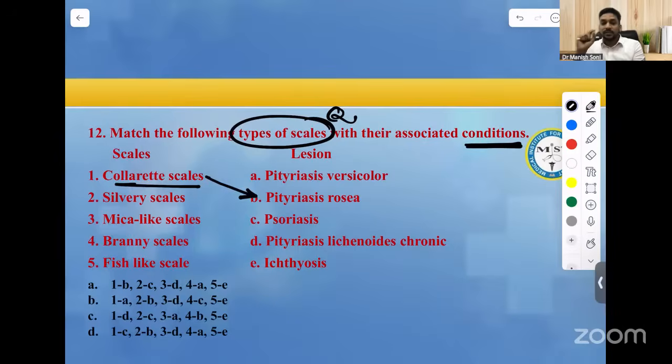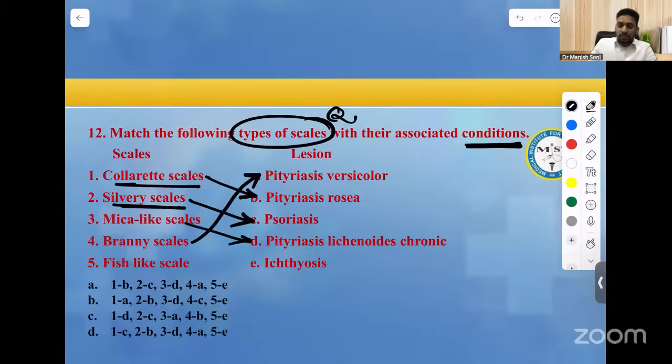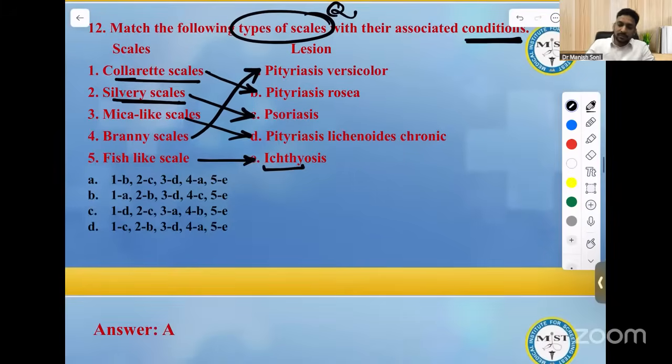Cigarette paper like, or cholerated scales. They are seen in Pityriasis rosea. Silvery white scales are seen in psoriasis. Branny scales are very fine like powder, and powdery scales are a feature of Pityriasis versicolor. Mica-like scales are seen in Pityriasis lichenoides chronica, and fish-like scales are seen in ichthyosis, where ichthyo means fish. So the answer becomes A.